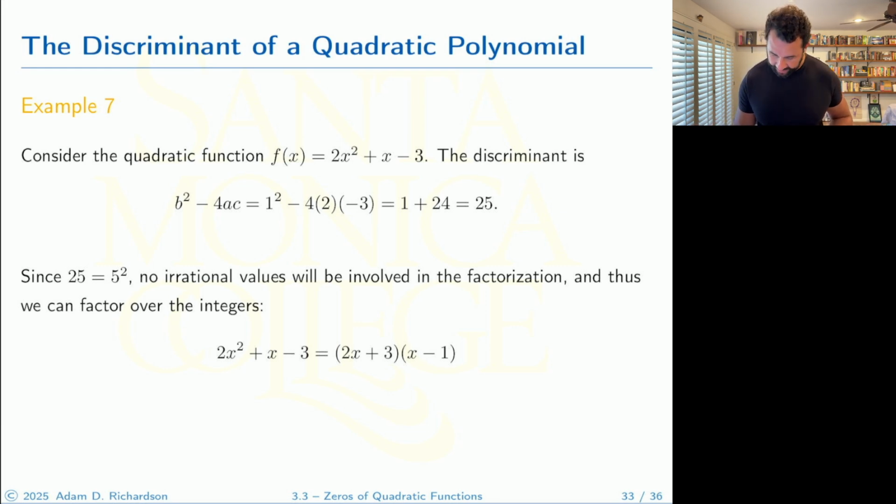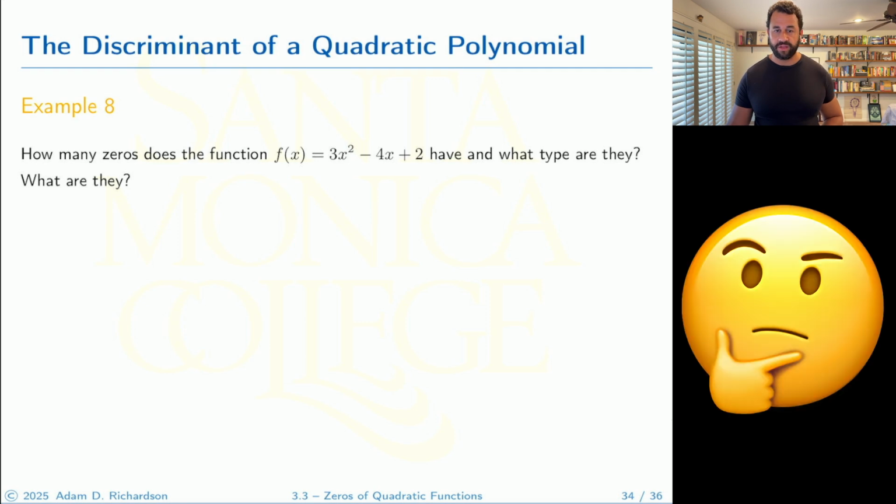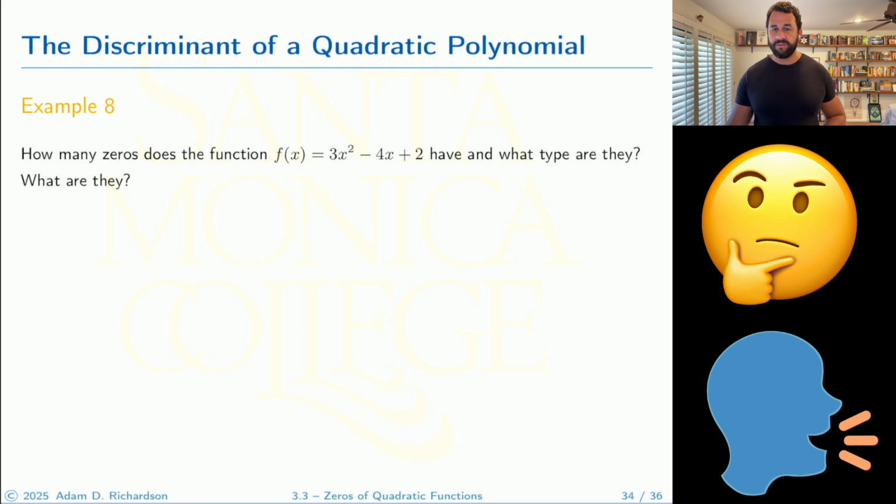Okay. Now here's one for real. I want you to find how many zeros this function has and what type they are, and then what the zeros are themselves. So this one you'll work on your own. Think about it for a moment. Now give your brain some audio feedback.